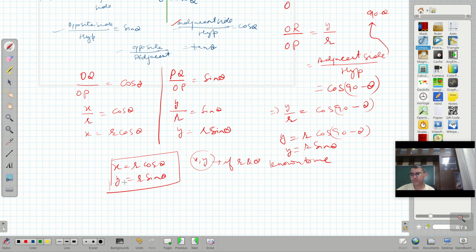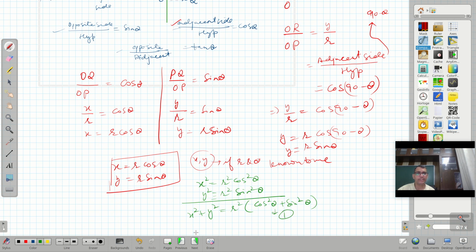But if I take square of these two and add these two, then x square is equal to r square cos square theta, y square is equal to r square sin square theta, because I am just taking square of these two and then I will add these two. If I add these two, then it will become r square times cos square theta plus sin square theta, and it is always 1.